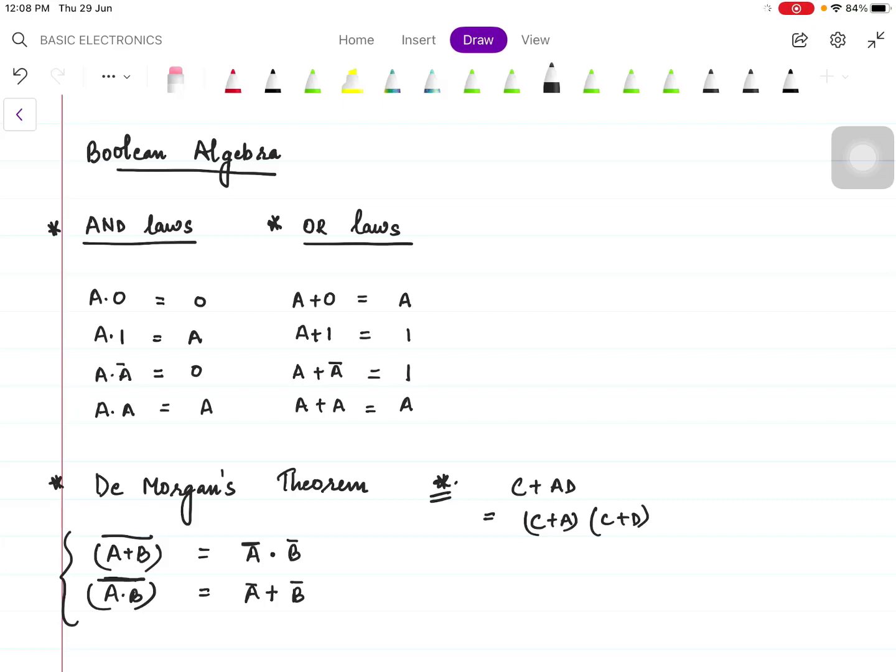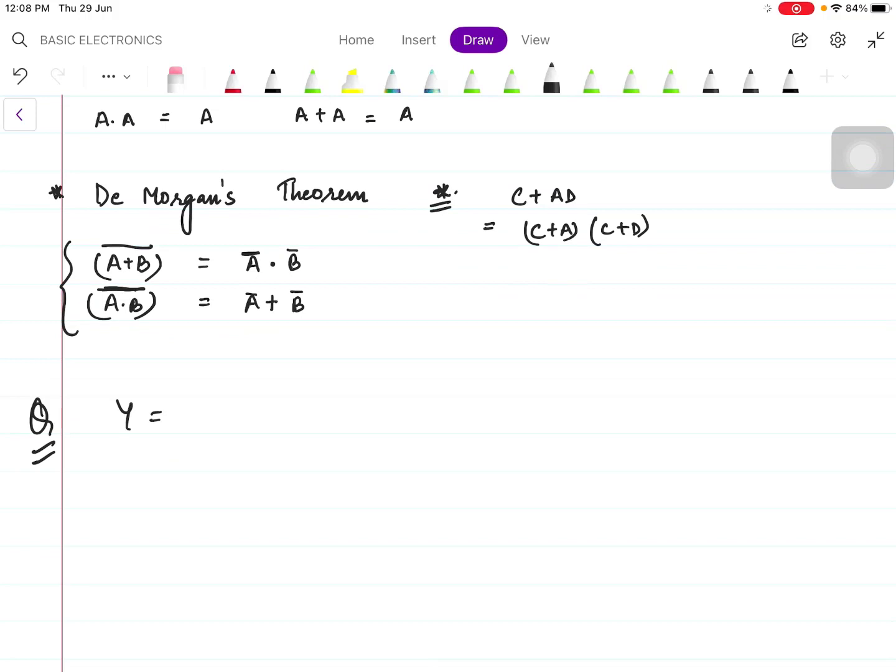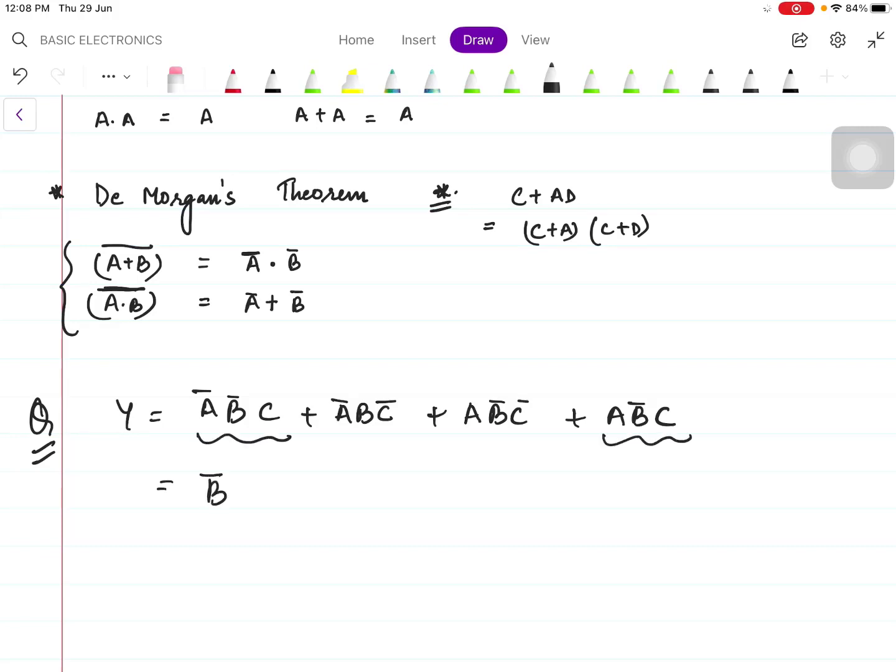So let us start minimizing the expressions. Let's say we have an expression. Let me take some things common. I'm going to take b bar c common from these two terms.